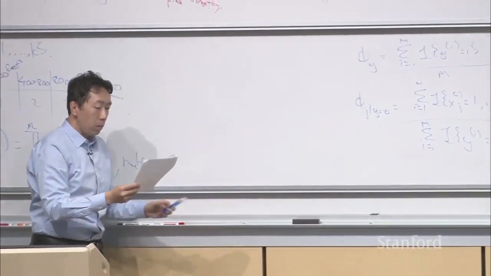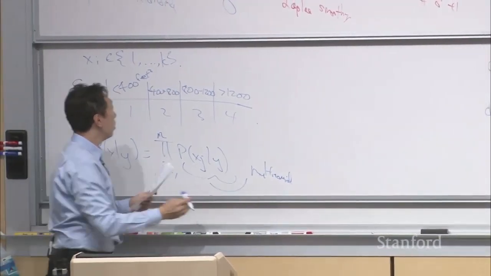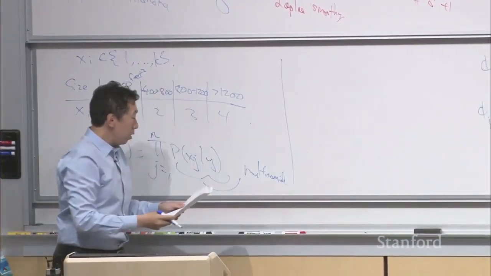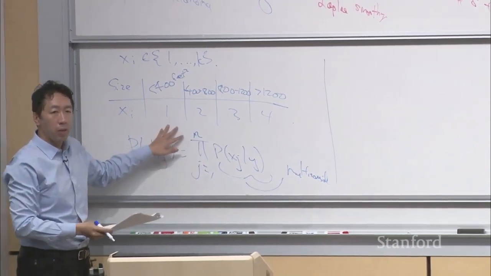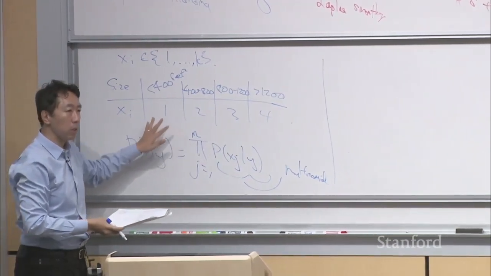And so this is how you can apply naive Bayes to other problems as well, including classifying, for example, if a house is likely to be sold in the next 30 days.